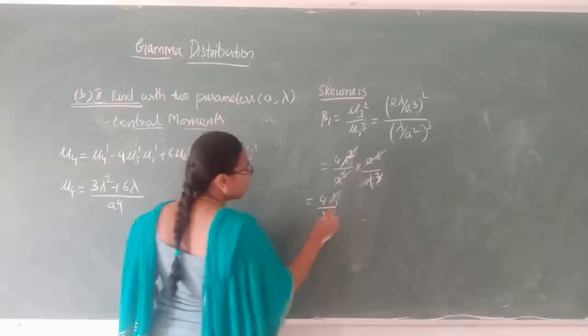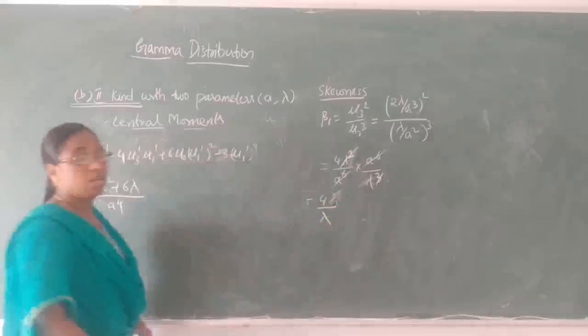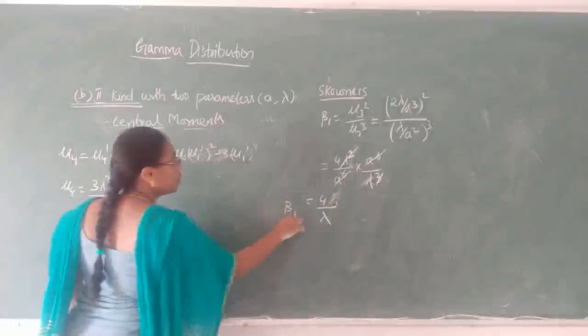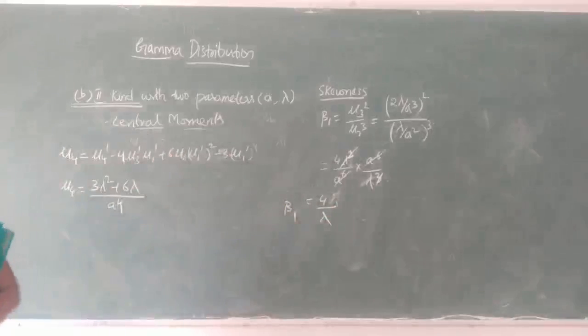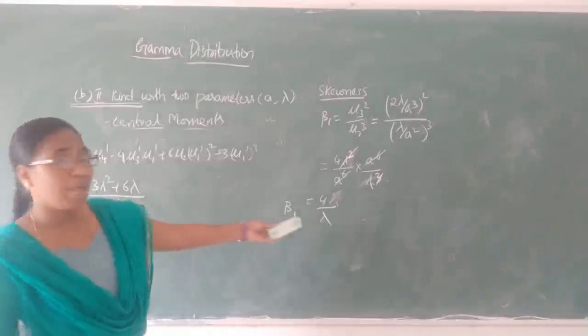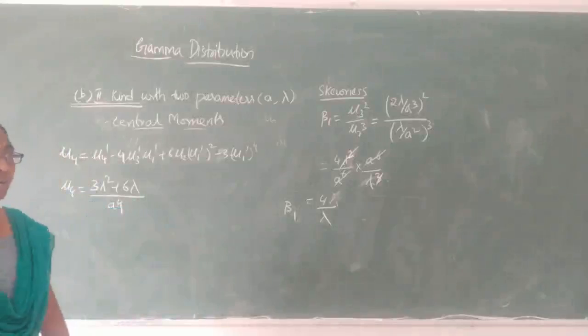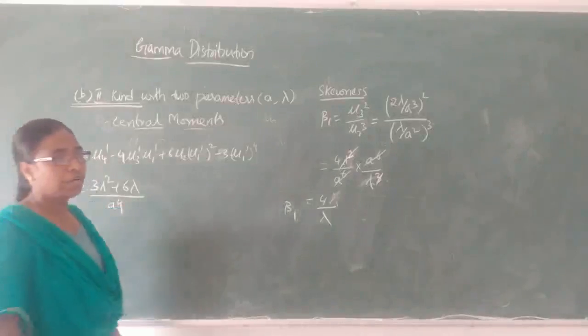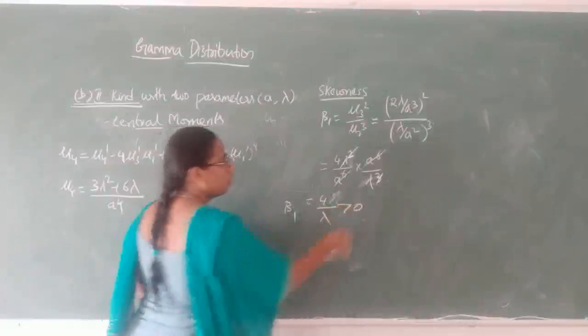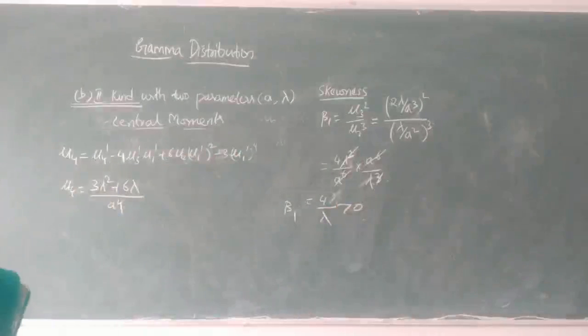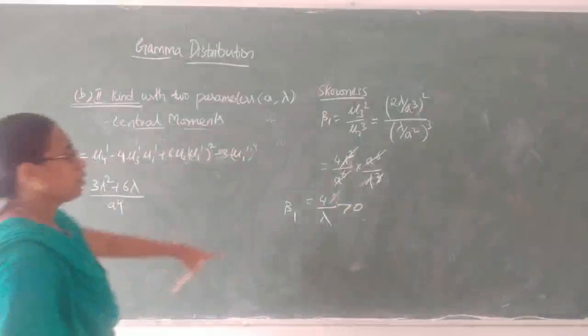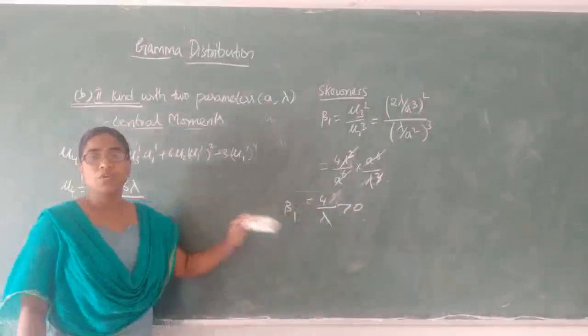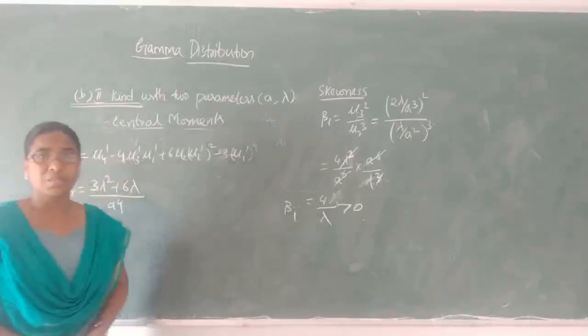So the value is 4 by lambda. So beta 1, that is the coefficient of skewness, is given as 4 by lambda. Since we know that lambda is a positive value, this beta 1 value is greater than or equal to 0. So it is a positively skewed distribution.